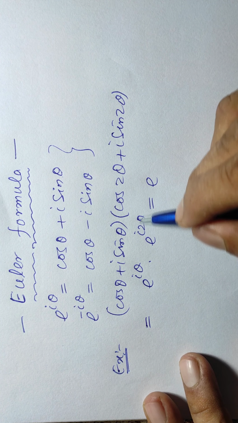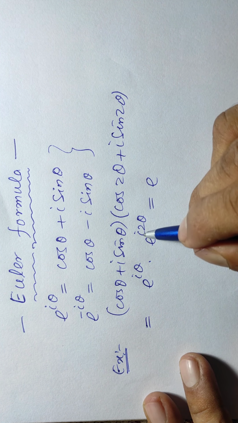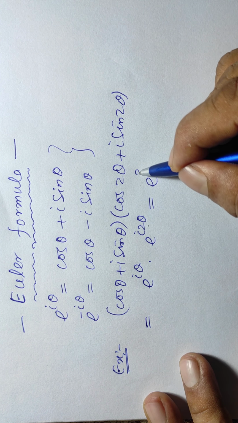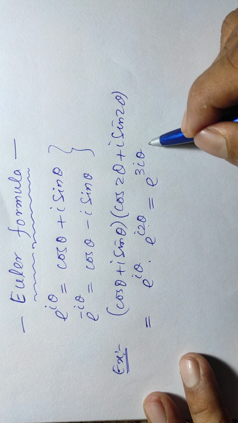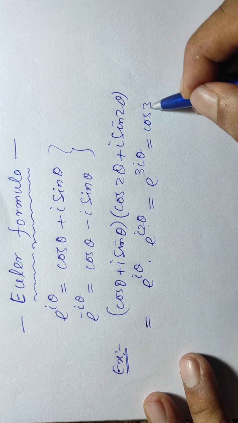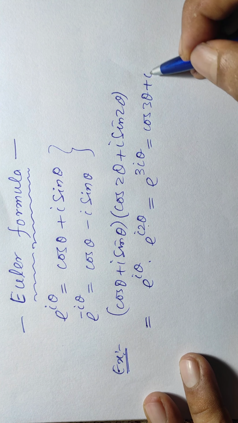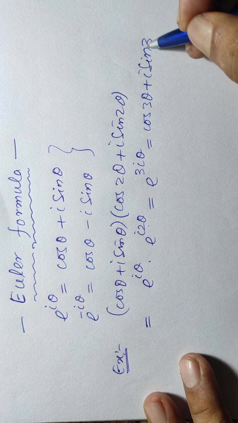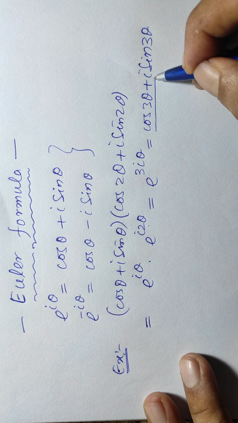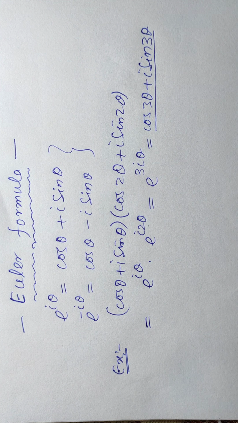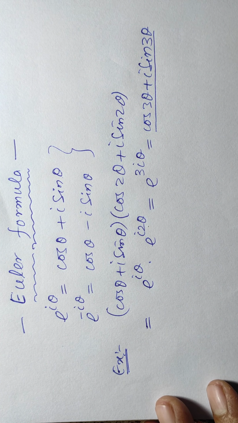The base is the same, so the powers should be added: 2i theta plus i theta, 3i theta. That will be equal to cos 3 theta plus i sin 3 theta. So this is your answer. See how much time I have taken to find the result, and how easy it is to find.